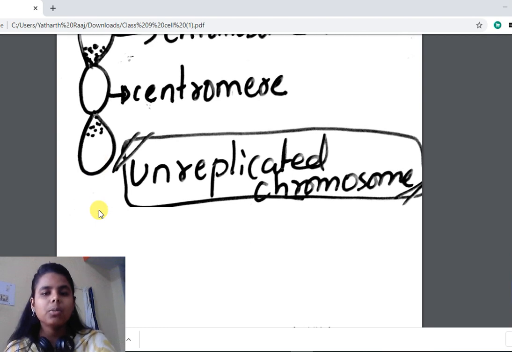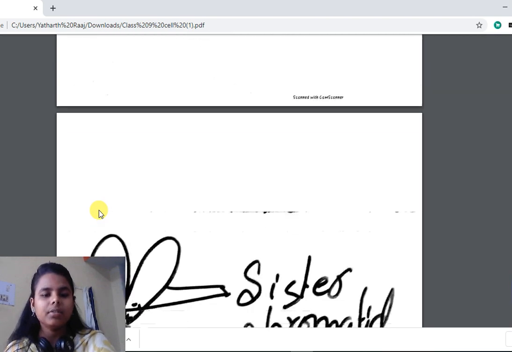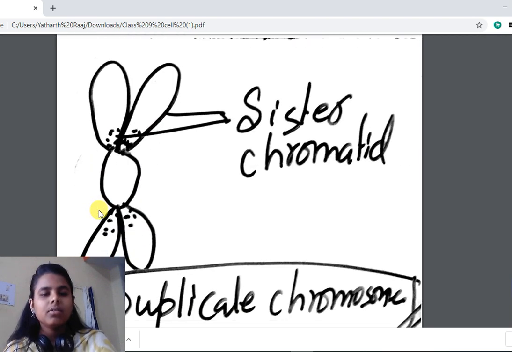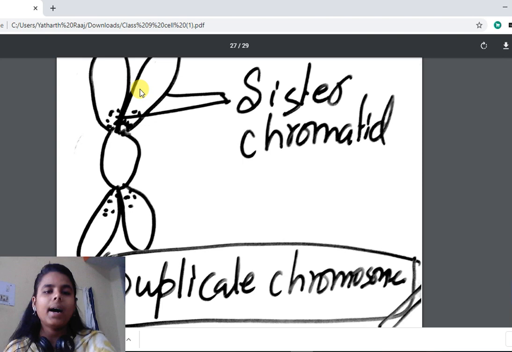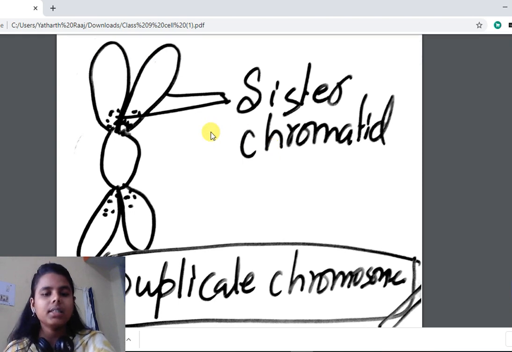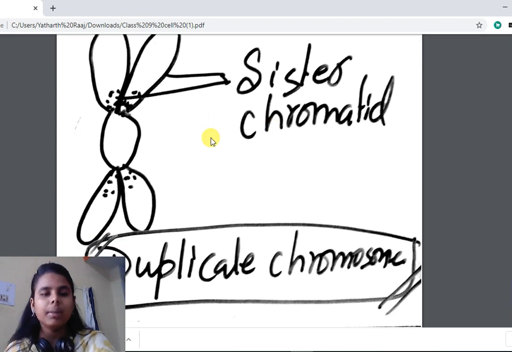So how does a chromosome replicate itself? From the centromere, the first replication of its arm takes place, and you can see here two arms of the chromosome attached to this centromere. These two arms are known as sister chromatids. Till now they are not daughter chromatids, they are sister chromatids, because the process of replication, the process of duplication is going on.